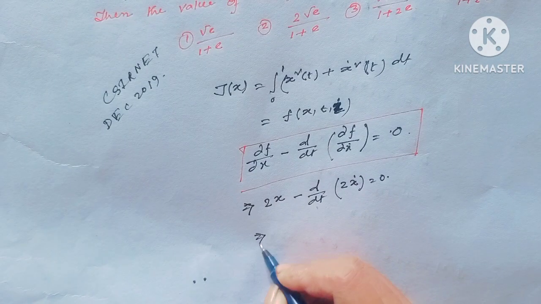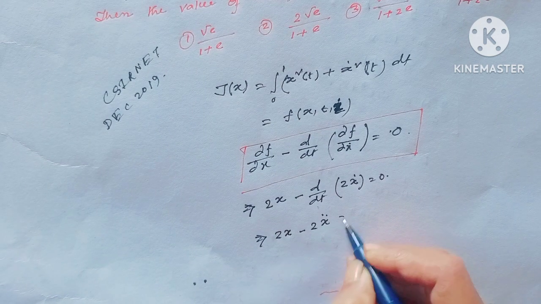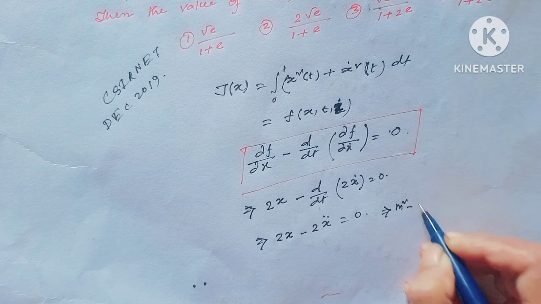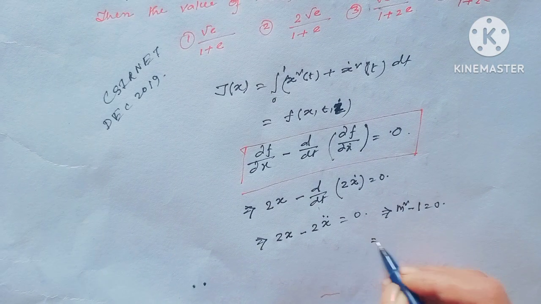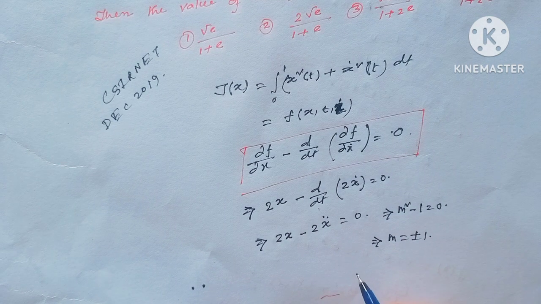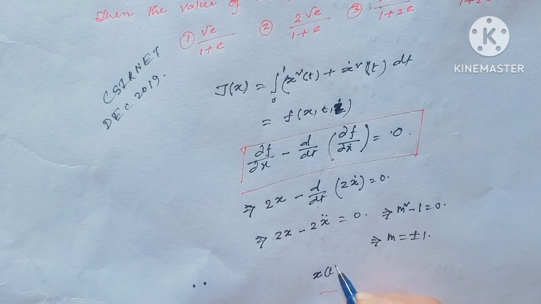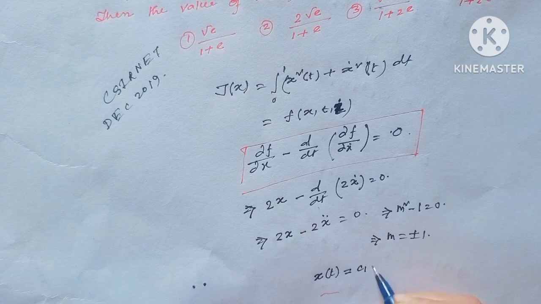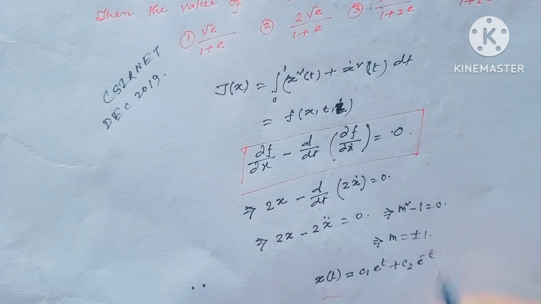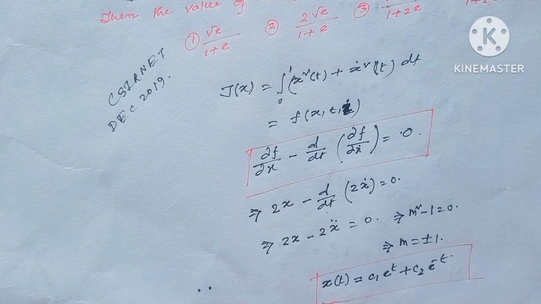That implies 2x minus 2x double dash equal to 0, and this implies m squared minus 1 equal to 0. So m equal to plus minus 1, and this implies x(t) equal to c1 e to the power t plus c2 e to the power minus t. This is the solution of this functional.